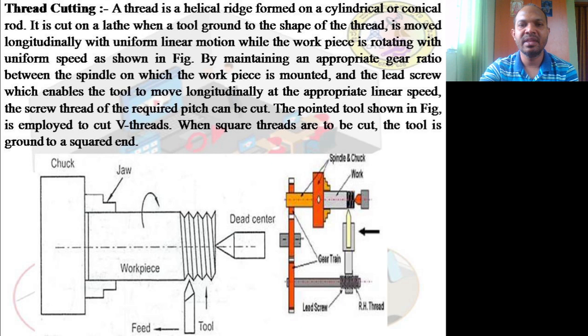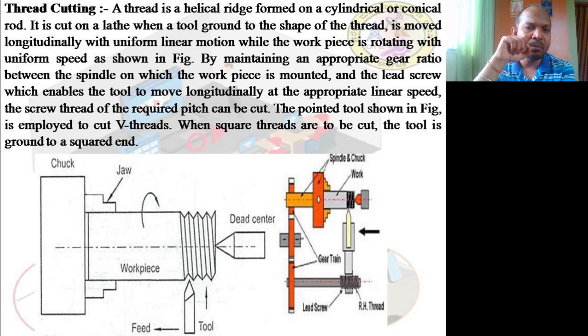Thread cutting. The thread is a helical ridge performed on a cylindrical or a conical rod, as you can see here. And even in thread cutting, the material removed will be more.